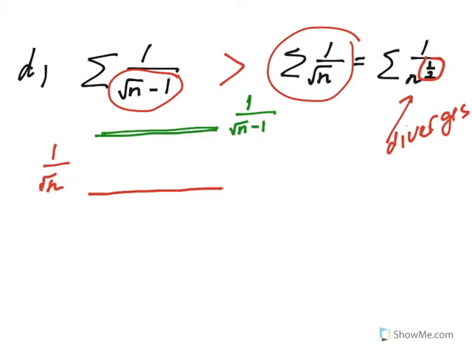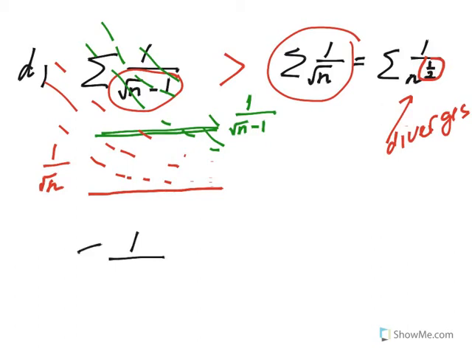We know that the red one diverges, so it's moving towards infinity, and it pushes the green one as well. So the green one also diverges. Our conclusion is that 1 over square root of n minus 1 also diverges.